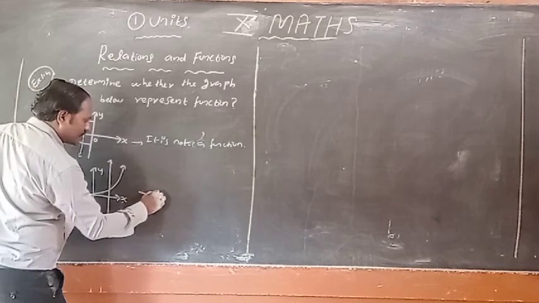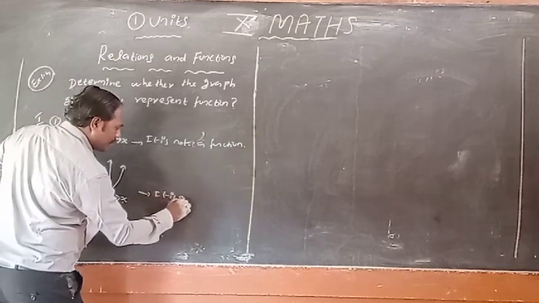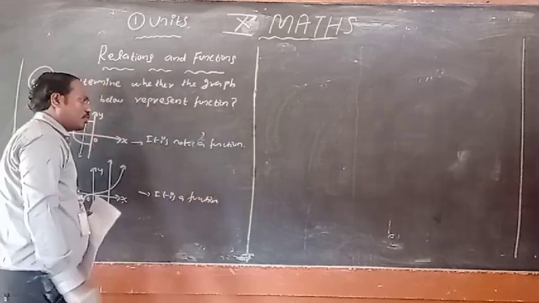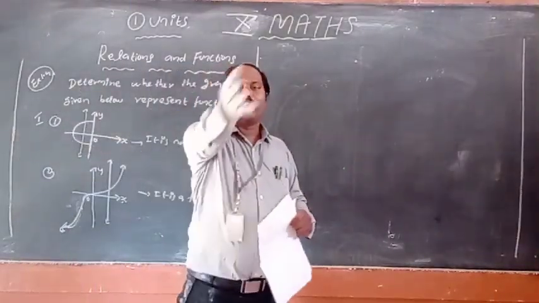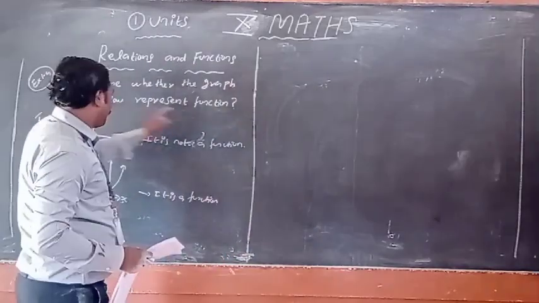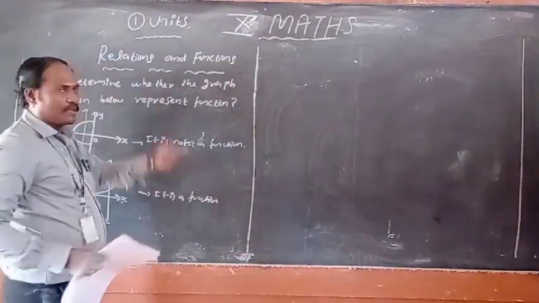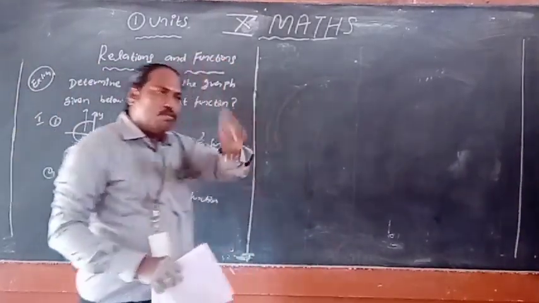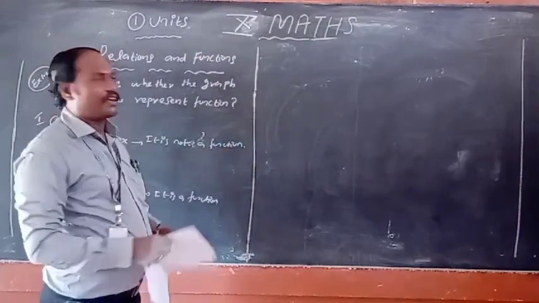So it is a function. In a 1 mark or 2 mark question in the board exam, justify your answer. Draw a line. If the line cuts at one place, it is a function. If the line cuts at more than one place, it is not a function.